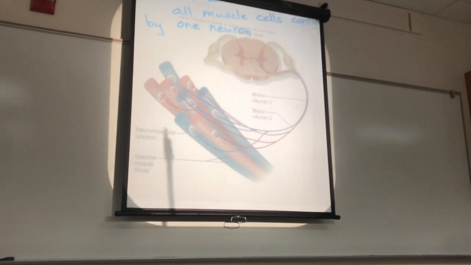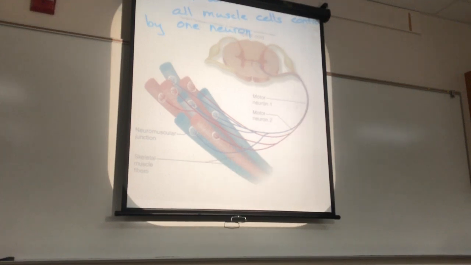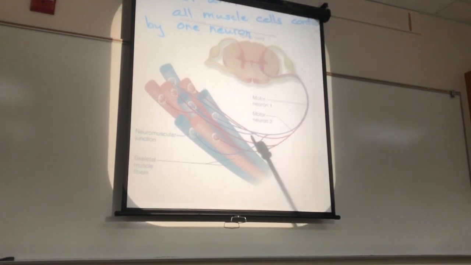All right, so these four red, pink muscle cells are all being controlled by the red neuron. They are one motor unit. But we also have here a blue neuron that does the same thing. Its axon forms branches, and it's going to form a neuromuscular junction with this cell and this cell and this cell and this cell.